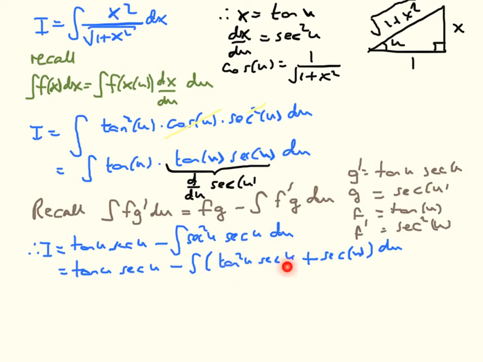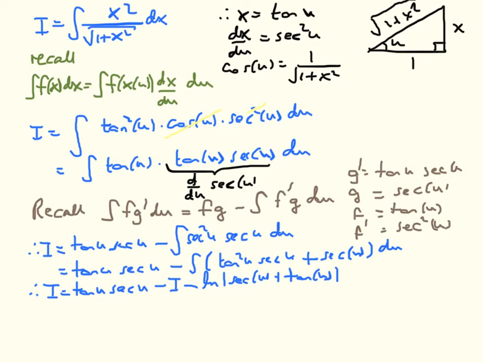So this is actually what we've been calling I. So I is tan u sec u minus I, and then the minus sign multiplies both, so it is minus the integral of sec, and the integral of sec is the logarithm modulus sec u plus tan u, close the modulus.